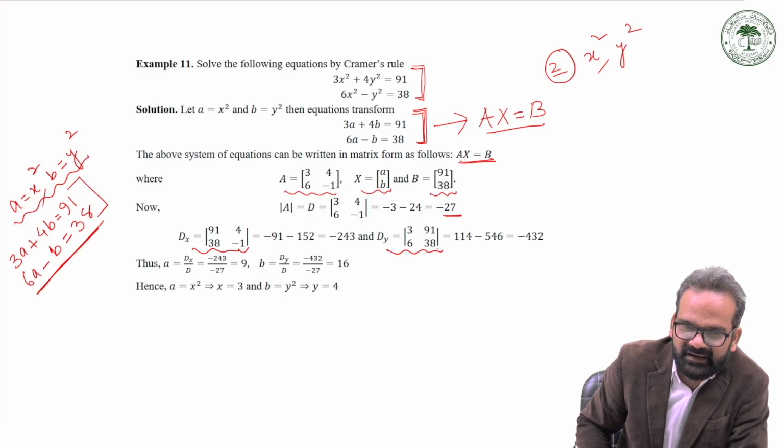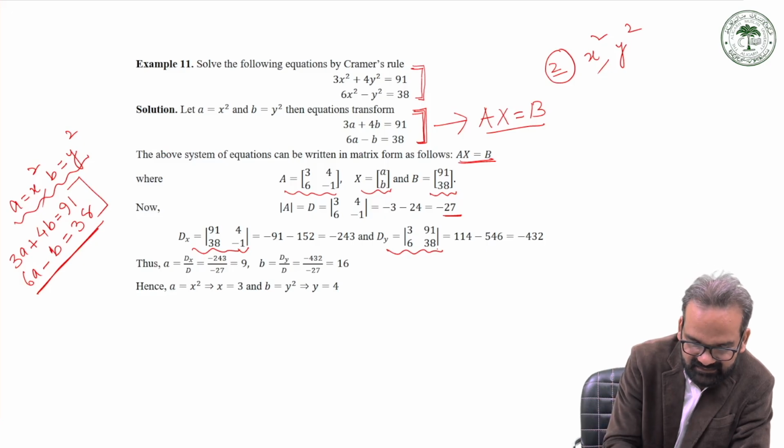Dx is obtained by replacing the first column of the determinant D by the entries at the right hand side. This is the first column, 3, 6. This 3, 6 should be replaced by 91 and 38 to get Dx. In Dy, the second column should be replaced by 91 and 38.